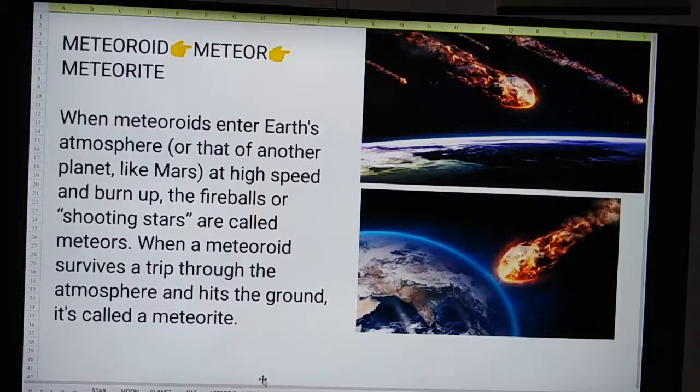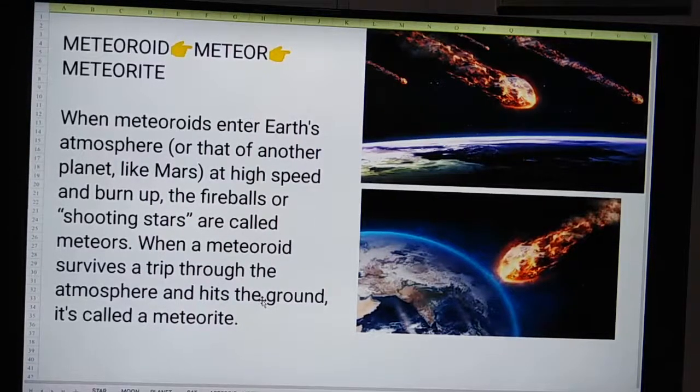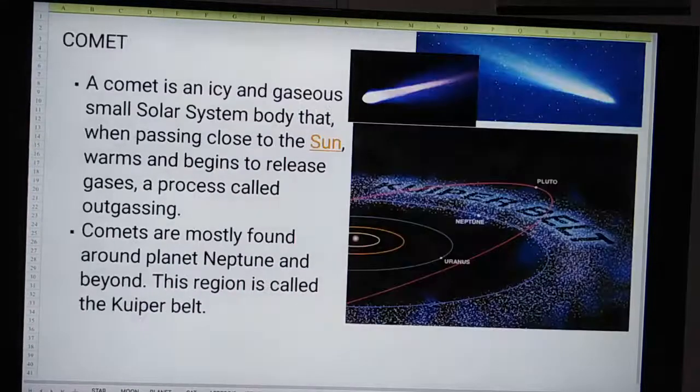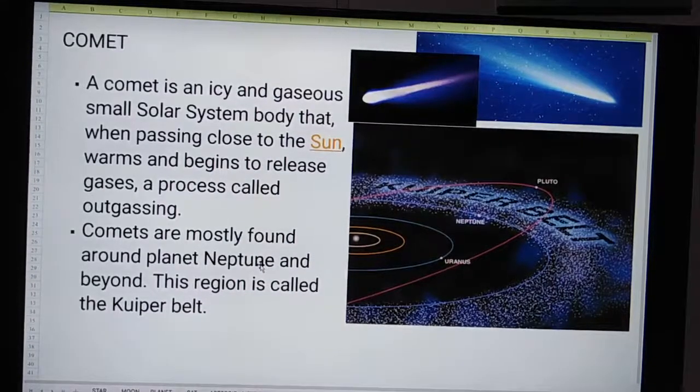If that is so, then we'll go to a region where we have certain heavenly bodies which are a bit far from the sun's heat, and for that matter, we don't have these fireballs, but rather icy balls, and we call them comets.